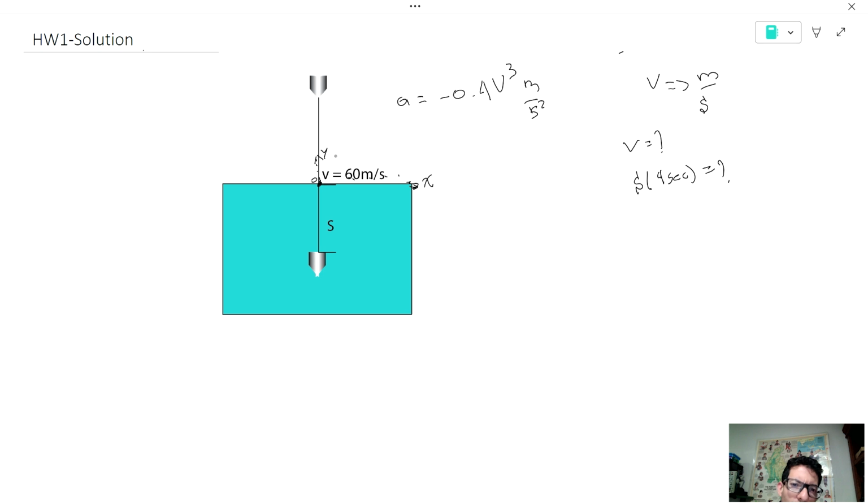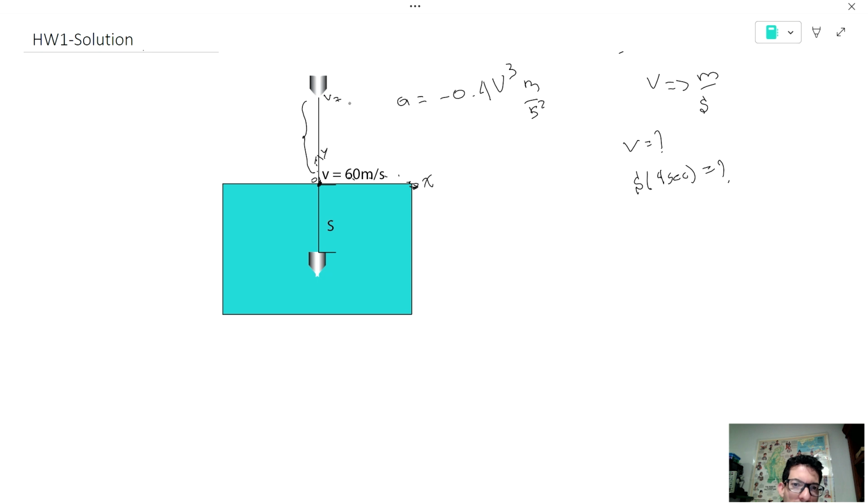If you were to solve this problem and they're asking you what is the velocity, I don't know, 20 meters above, like if they're asking you for this velocity here, you'll need a drag of the air, or sometimes you can assume that you don't have any, it's negligible, and then the velocity here is the same as the velocity here.